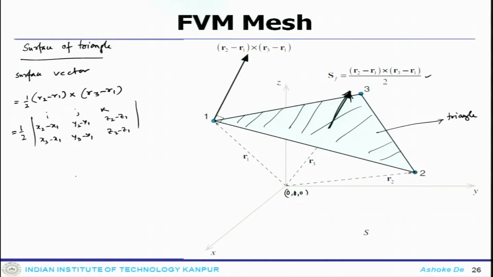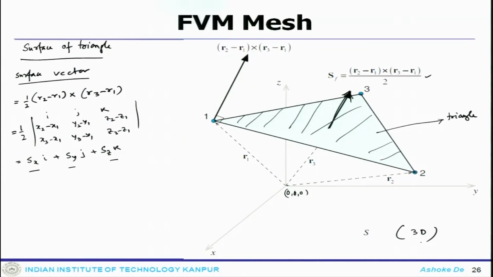So, in a more generic sense, this is nothing but Sx i plus Sy j plus Sz k. So, there are 3 components, one in each direction. Surface vector being a vector quantity, it has 3 different components.